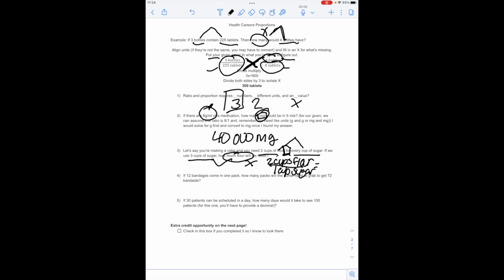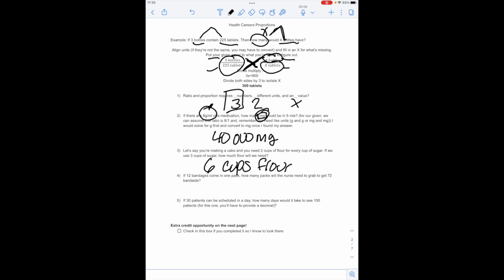So I need to make sure to put cups of sugar on the bottom for my trying-to-find amount as well. So 3 cups of sugar. And then my X value is the flour. Okay, cross multiply. We get X equals 6 cups of flour.